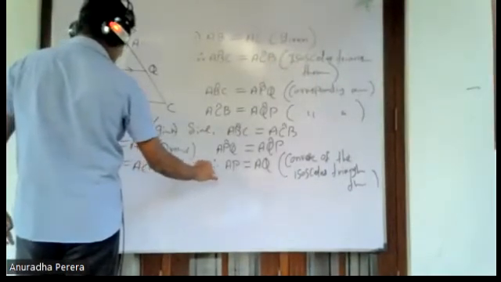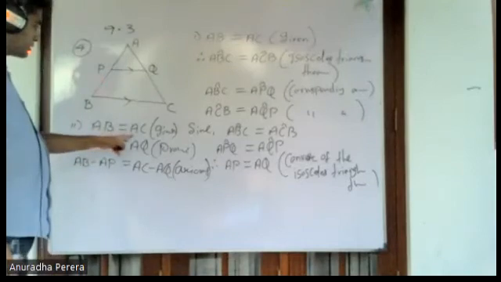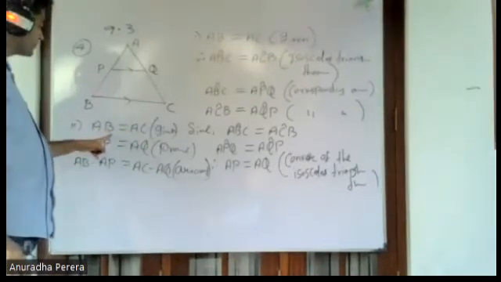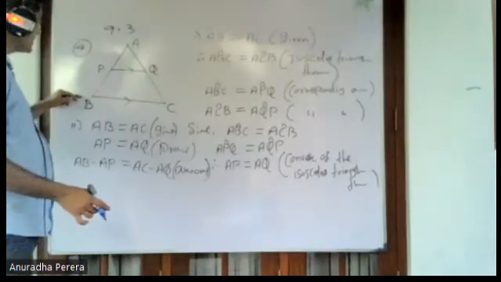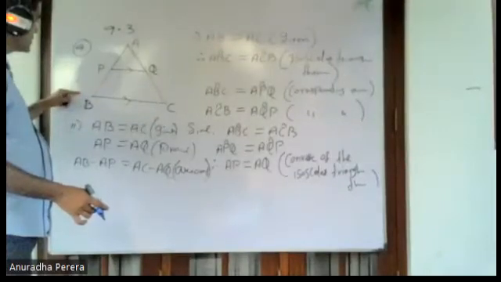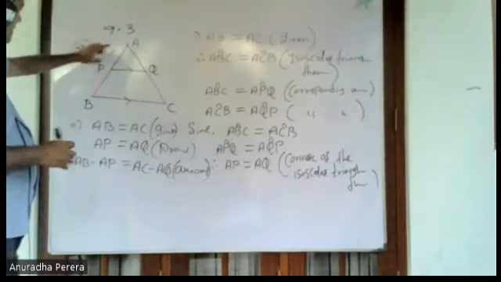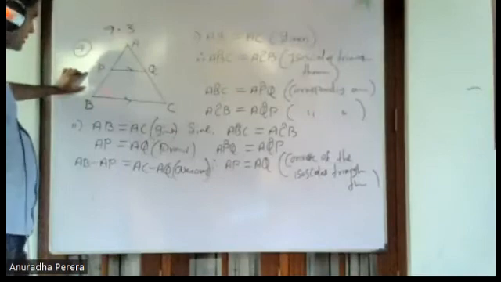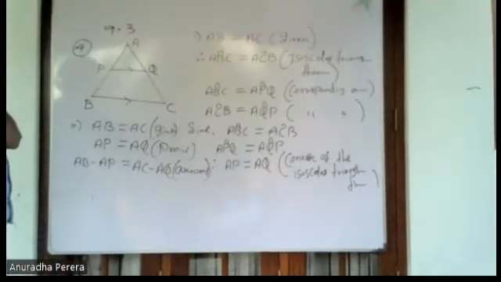Sir, can we use addition? How can you start it? AP plus PB equals AB, and AQ plus QC equals AC.